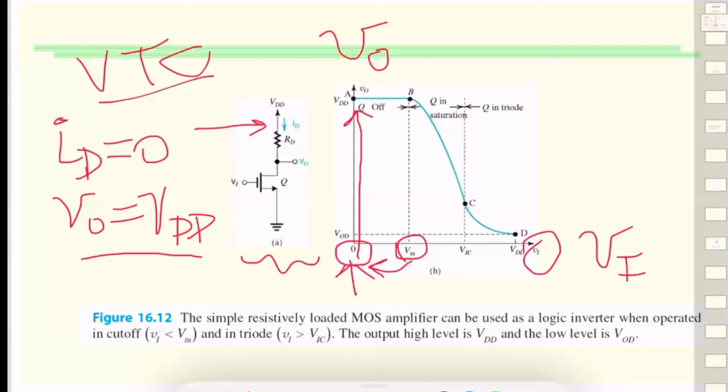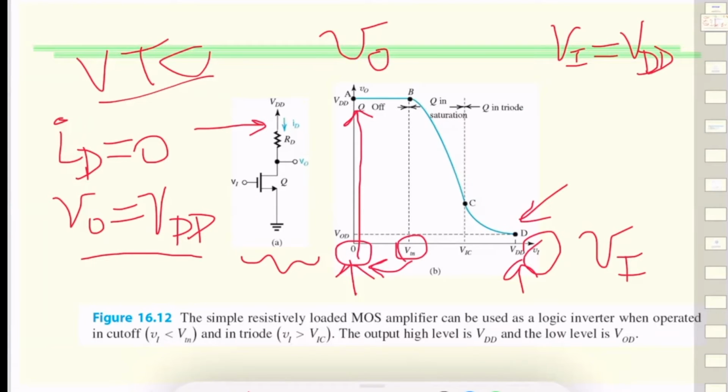Now, if you have a logic 1 input, which would mean that the input voltage is equal to VDD, in this case the transistor will start conducting and it will operate in the triode region.